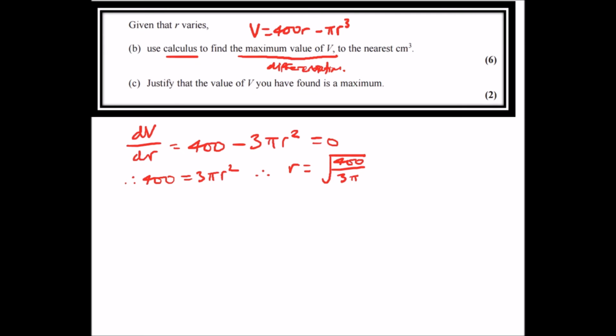Of course we could round this, but actually no, we'll leave it like this. Now all we have to do is plug this value of r back into the volume, because we want to find the maximum volume. It has to be plus or minus, let's never forget that, but let's just stick with the positive value because we want to maximize the volume.